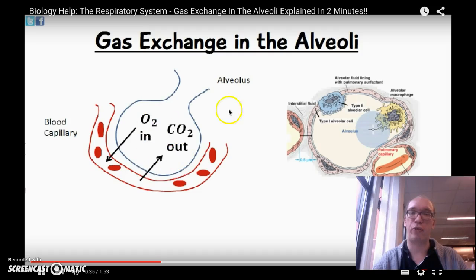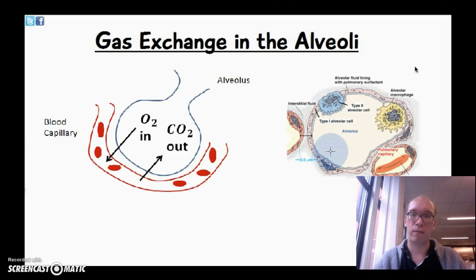This is a schematic drawing, a microscopical drawing. Now, when we have this high oxygen content, because the air contains a high concentration of oxygen and the blood in the capillary contains a low oxygen content, what's going to happen is the oxygen is going to move from a high concentration gradient in this region here to a low concentration here.